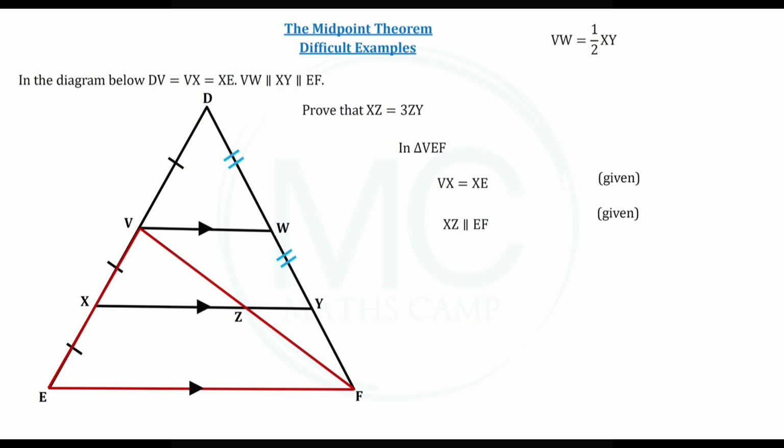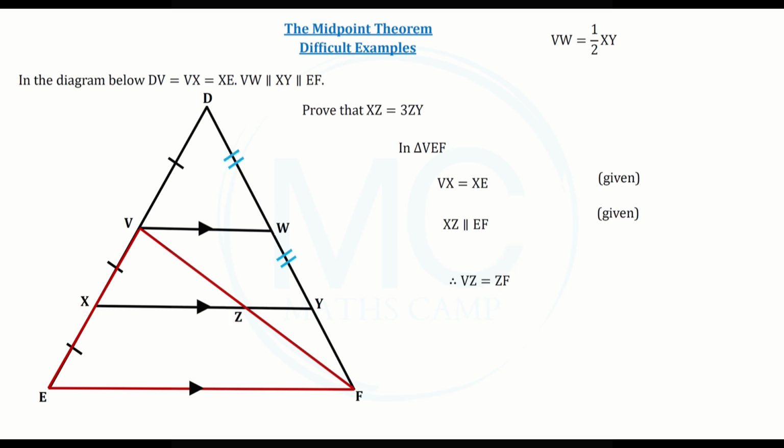Now we know that X is the midpoint of VE, and we know that XZ is parallel to EF. This shows us that Z must be the midpoint of VF. So we can say VZ is equal to ZF.